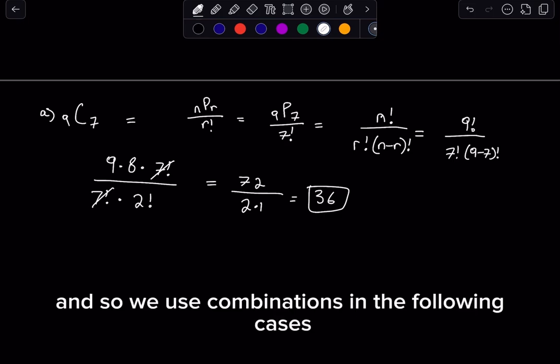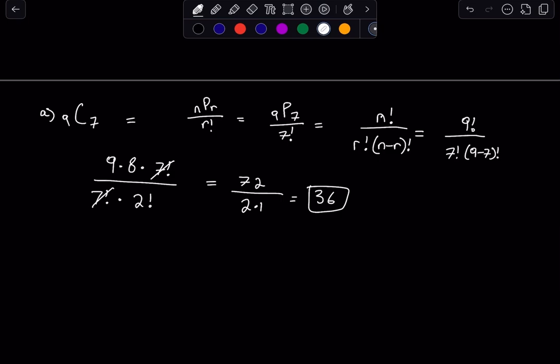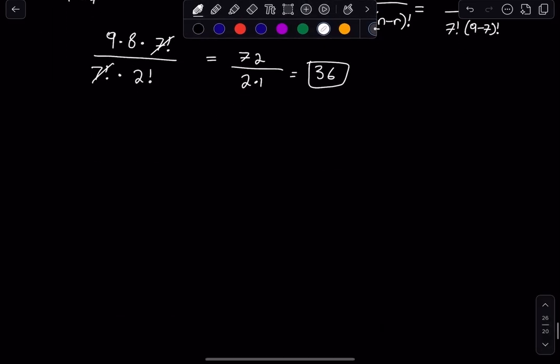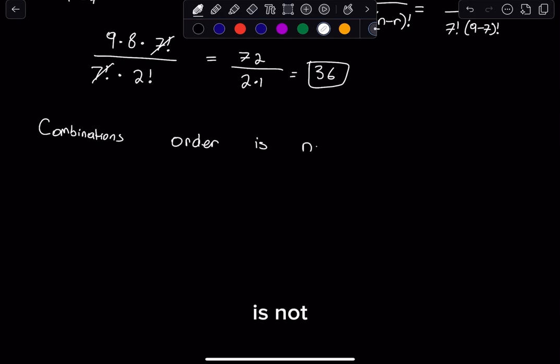And so we use combinations in the following cases. The key difference from permutations is this. In combinations, order is not important.